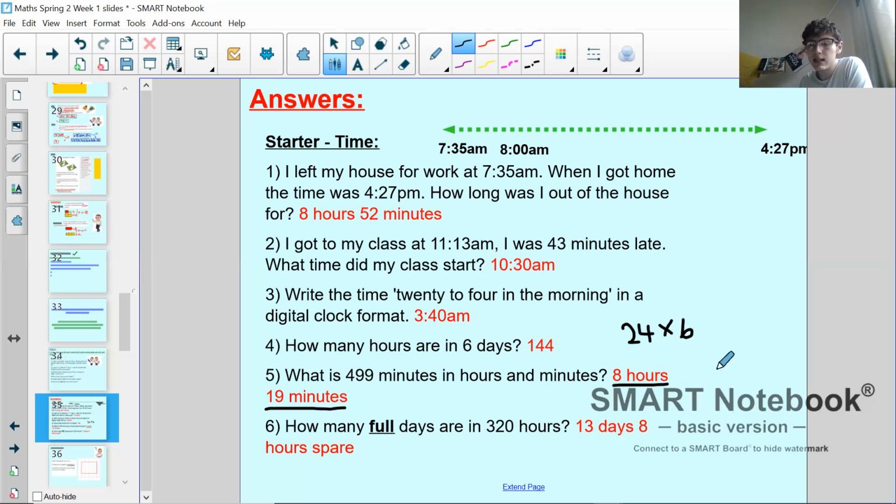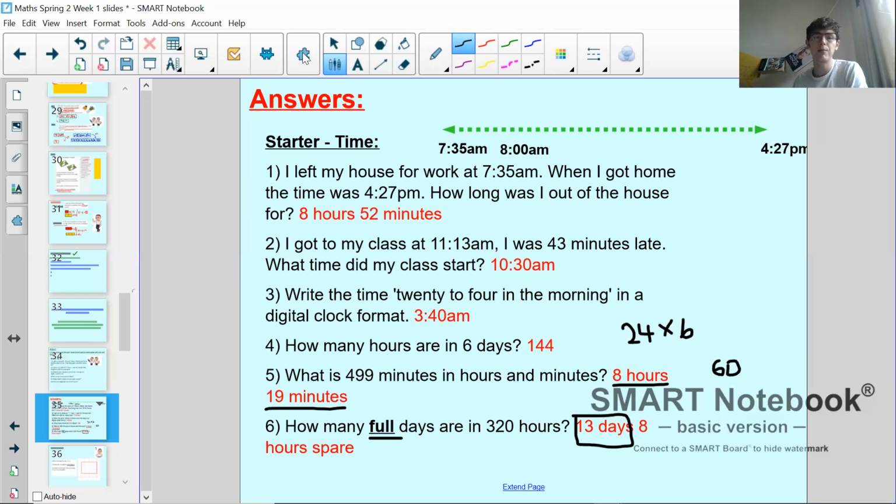We know that 60 minutes are in 1 hour, so we would divide our 499 by 60, and then work out the remaining minutes. And number 6, how many full days are in 320 hours? So it's 13 days, and there are 8 hours spare.